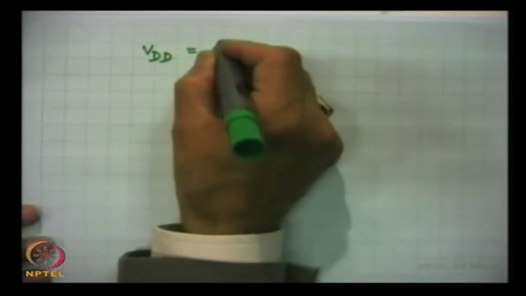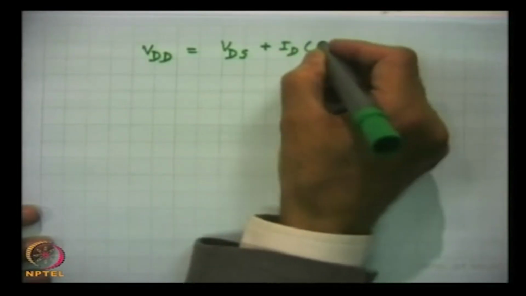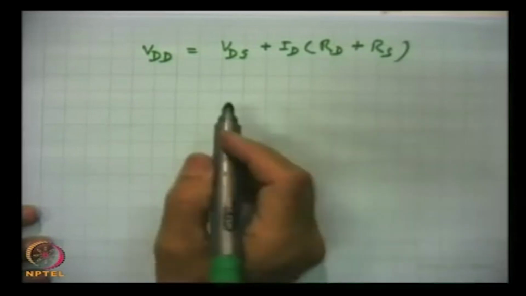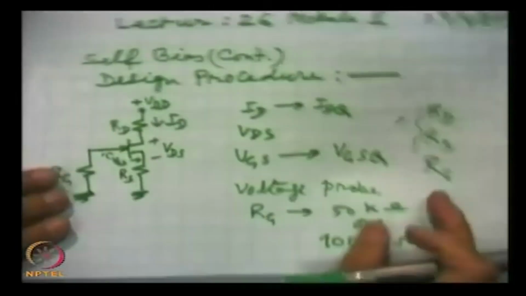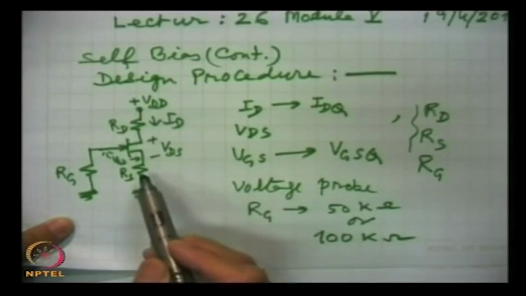Now, the two equations we arrived at earlier by simple summing up of voltages. These equations were V d d equal to V d s plus I d into R d plus R s. This was one equation which comes simply when we sum up voltages in the output circuit.